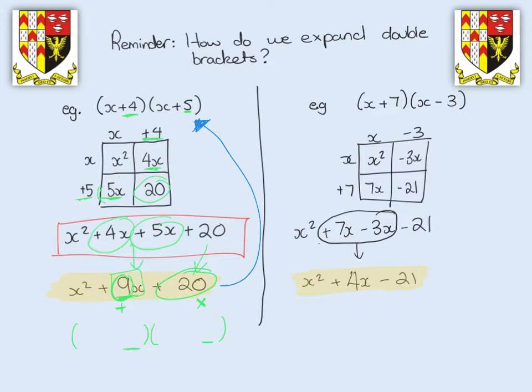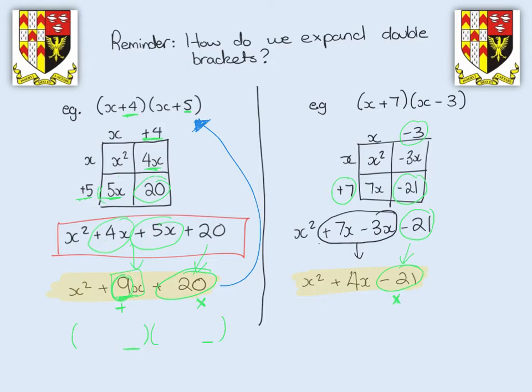The same thing has happened over here as well, so we've got a 21 on the end here. This is a negative 21, but that's just because it came from a negative 3 times a positive 7, and then of course it had no like term, so it's just stayed the same there. So we've got a minus 21 there, so our product was minus 21 when I multiplied those two numbers together.